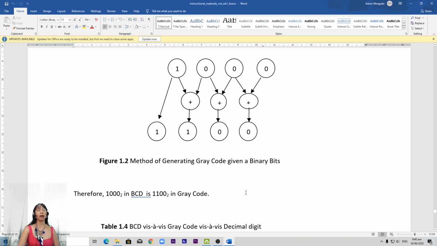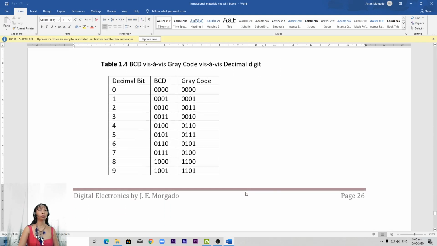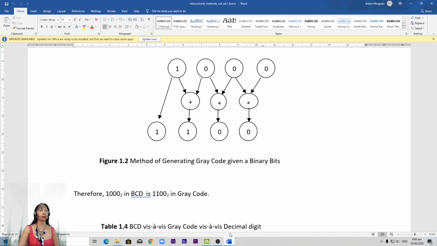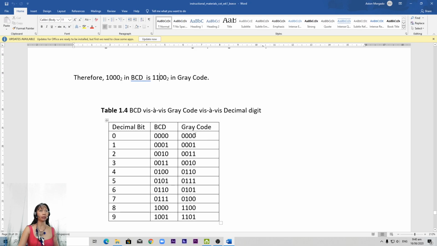Binary is usually transformed to gray code because gray code generates the least change in bits. So it actually changes 1 bit at a time for 0 to 9 here. Following the methods here, we're able to generate these gray codes.